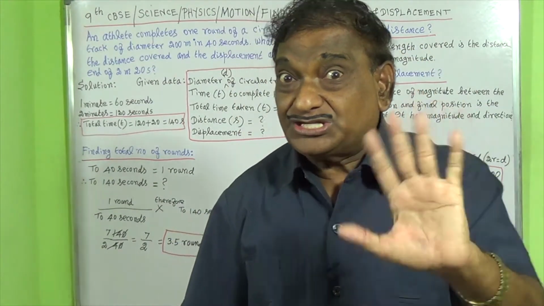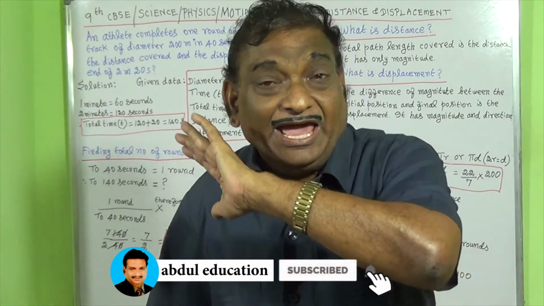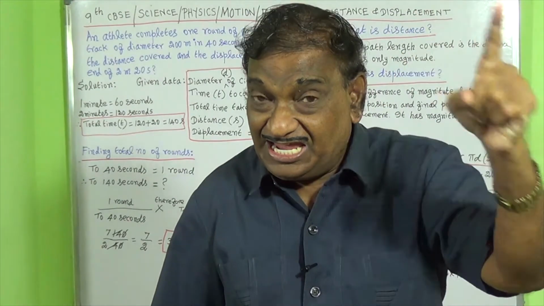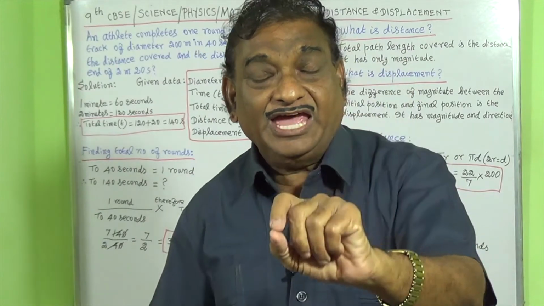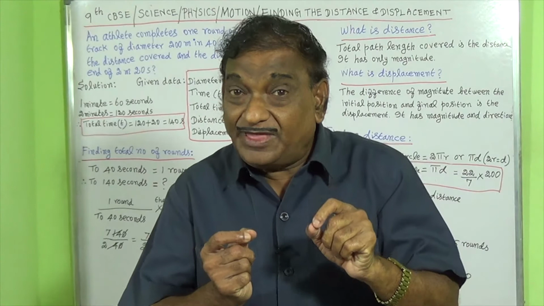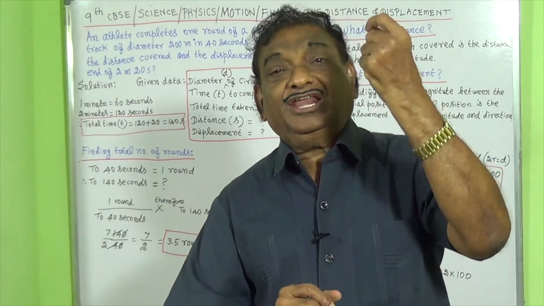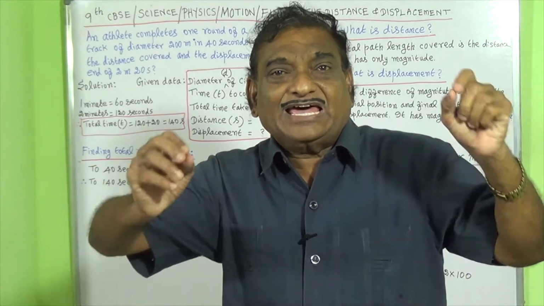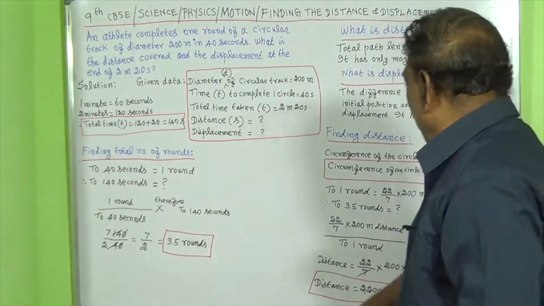But in the case of finding the area of the circle, we cannot directly substitute the diameter. In that case, we should find the radius by dividing the diameter by 2. But in order to find the circumference of the circle, if the diameter is given, we can straight away find the circumference by applying the formula pi d.